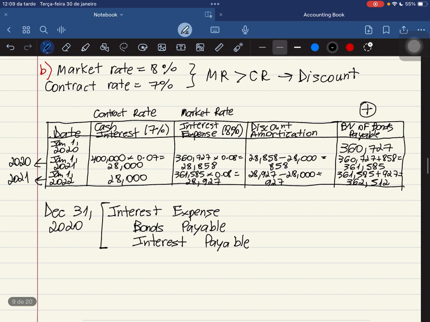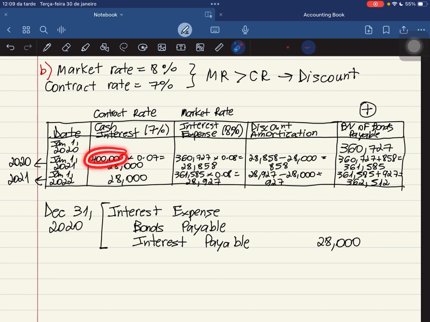Okay, so the interest payable, this is the interest that I would have to pay anyways, right? The interest payable according to the contract. So it's going to be this number over here. It's going to be 28,000. When I signed the contract, I signed it for 400,000, right? And I agreed with 7% per year. So this is the interest that regardless of what, I still have to pay. So that's why we put this number over here.